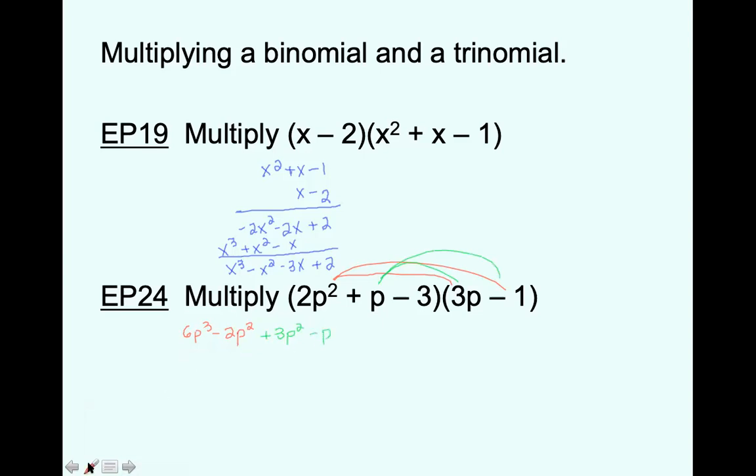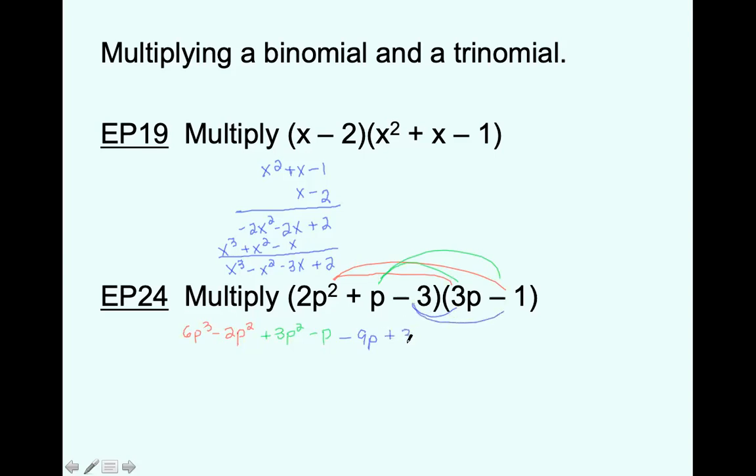All right, that green is super hard to read, so I'm going to switch it up here and let's grab blue. Last, I have this -3, and I'm going to put the little loops down here this time. So -3 times 3p would be -9p. And -3 times -1 is a +3.